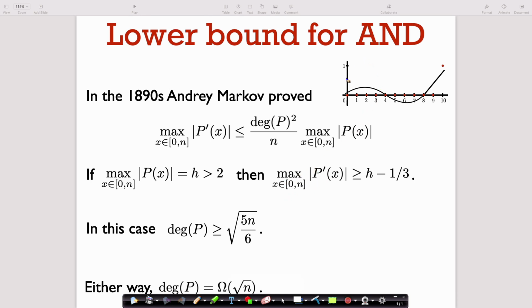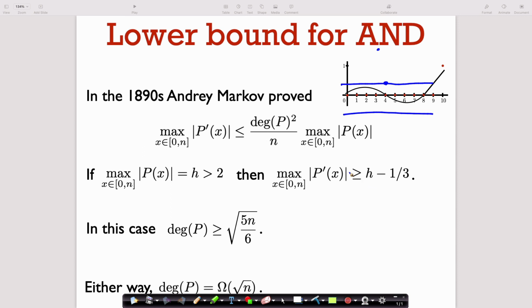If we know that somewhere in this window between 0 and n, it takes on absolute value h, so it jumps out of this box, this 1/3 minus 1/3 box, we know that there's going to be an adjacent integer point where the polynomial has to get back down to a value inside the box, between 1/3 and minus 1/3. So that tells us that the derivative of p actually has to be at least h minus 1/3.